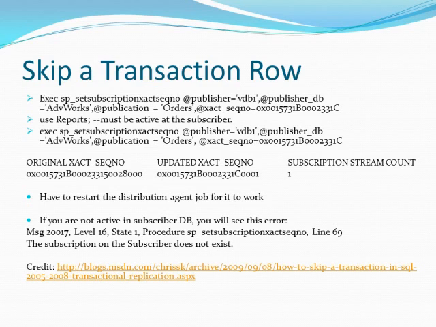In your subscriber, the job that's collecting the data is called a distribution agent. You just restart that job, and it'll skip that row. So you're basically saying, I'm okay with missing this row, and you can manually add it back, or you just completely ignore it. It all depends on your needs.